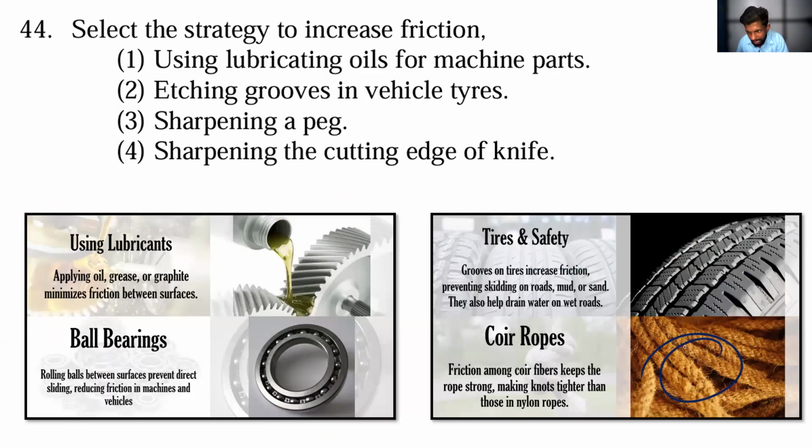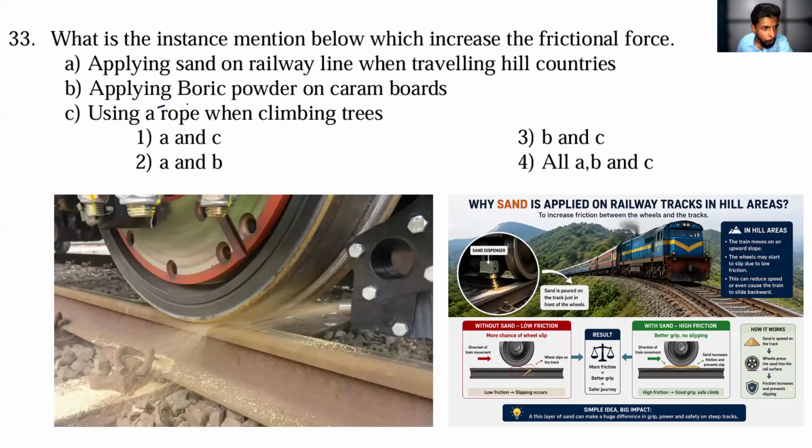Coir ropes have a rough surface, so they increase the frictional force. Applying sand in the railway, the surface becomes rough, right?